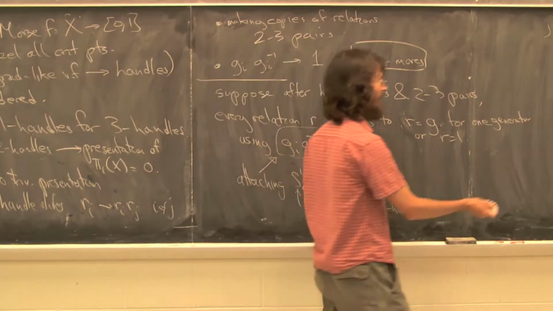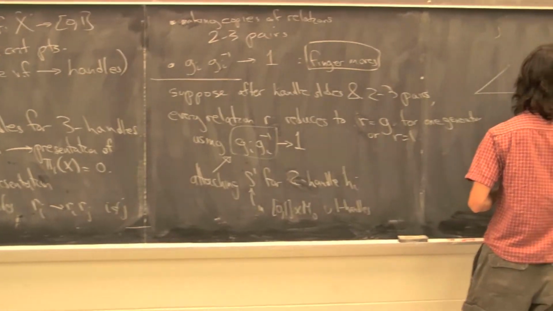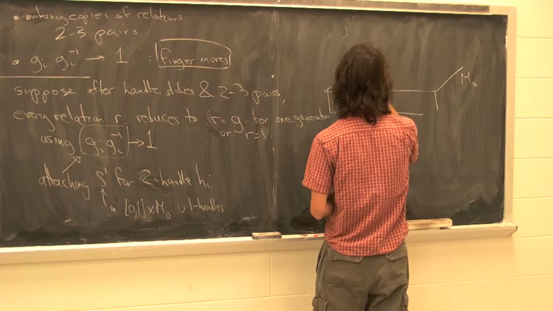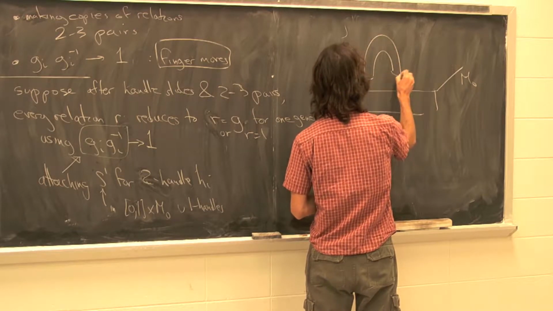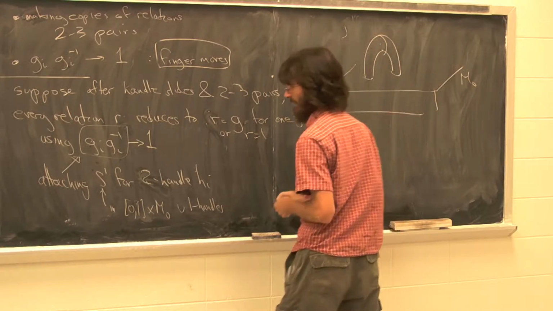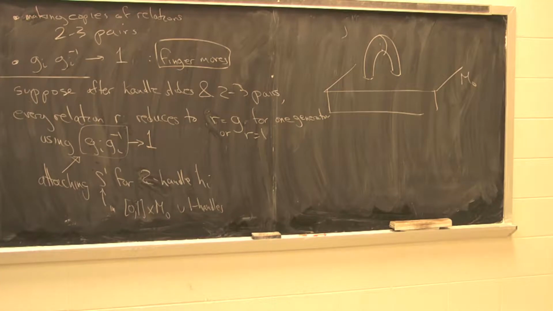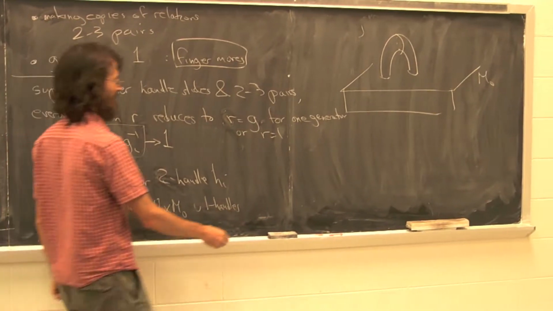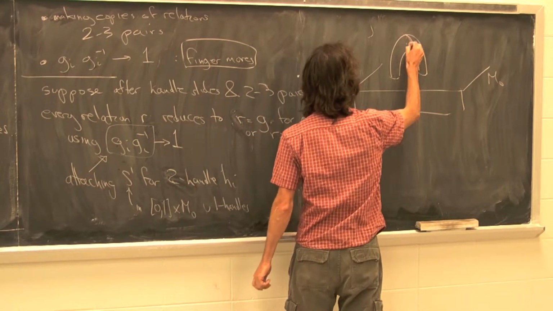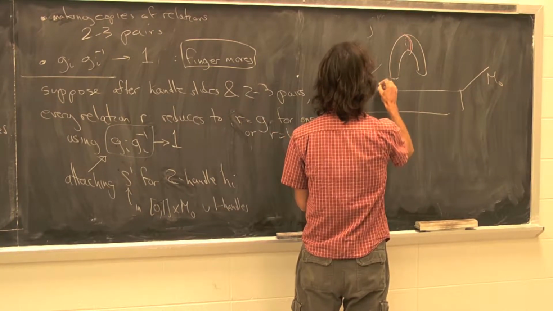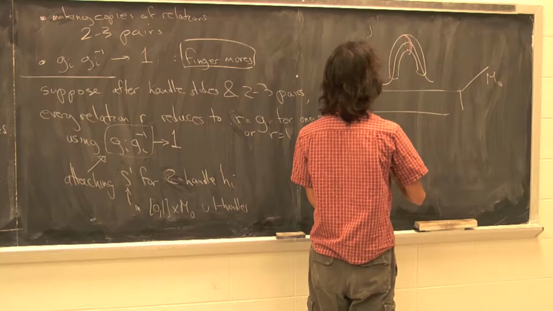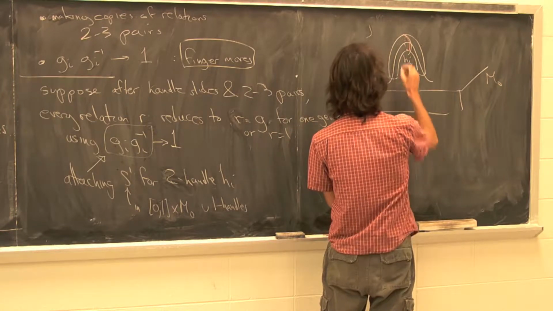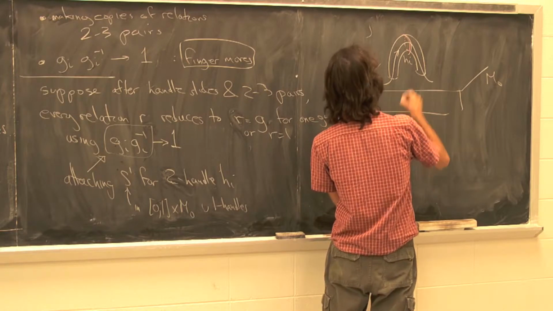So I've got a 0-handle, and then I've got a one handle here, and then I look at that. So this goes over here. Then I read out, if this is handle h_i, then I read out this direction, then I read out g_i. Okay?